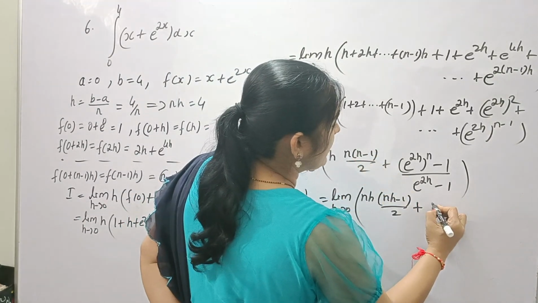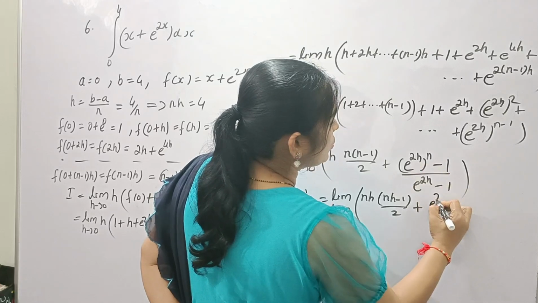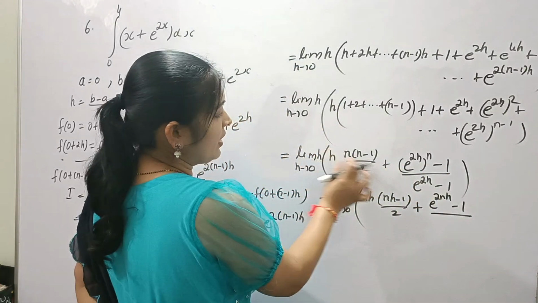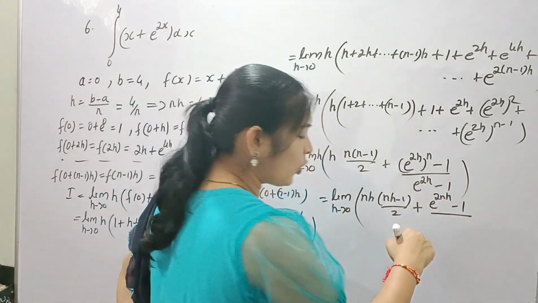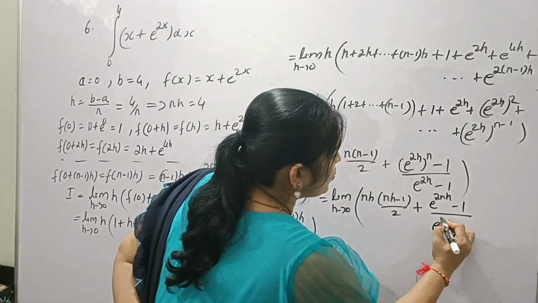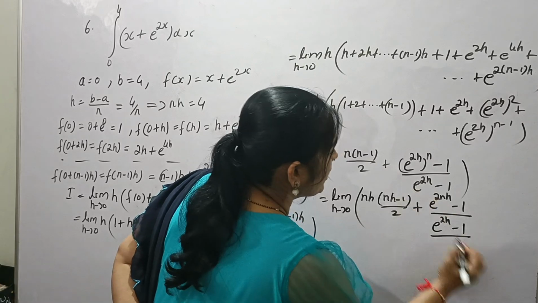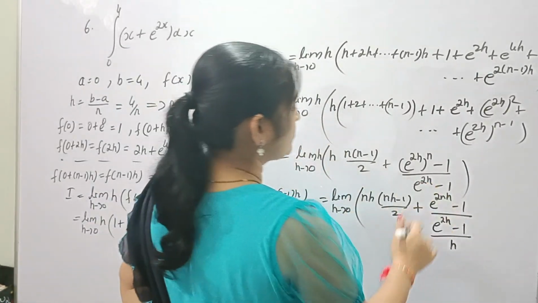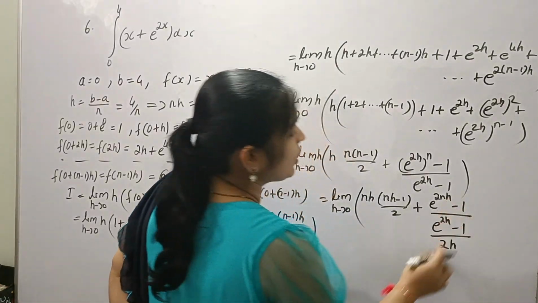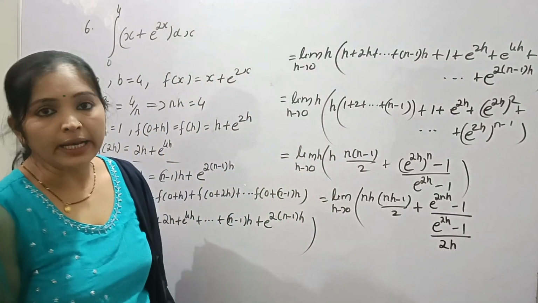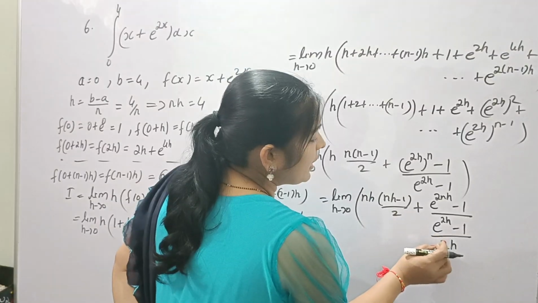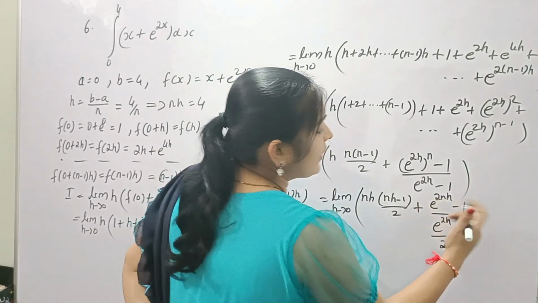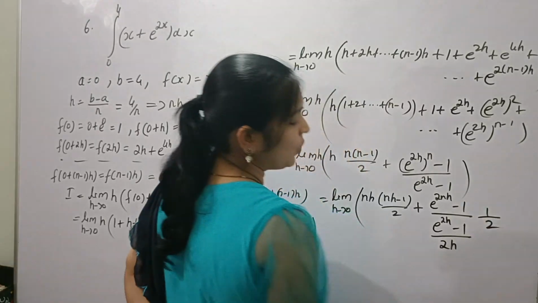So it will be e raised to 2nh minus 1 divided by, and here we will write this h, that is denominator of denominator, e raised to 2h minus 1 divided by h. So here we will write 2h, because we have to apply the limit. Therefore here we have multiplied 2, therefore we have to divide 2.